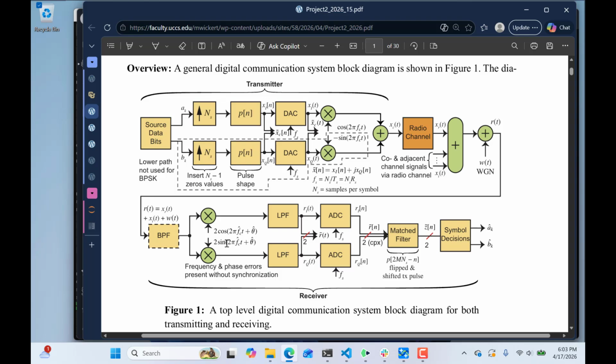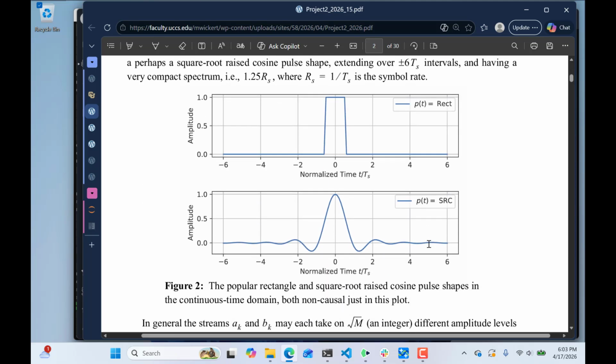We have the quadrature mixing action going on here to get in-phase and quadrature signals like we saw earlier today. 2 low-pass filters, and then we have A to D converters, so we have a complex signal at this point in the discrete time domain. We have a matched filter to shape the signal so that we optimize the signal to noise ratio at the sampling instance where we make symbol decisions. That's kind of the essence, and we'll be using both rectangle and square root raised cosine. This is the same pulse that was talked about in the course.